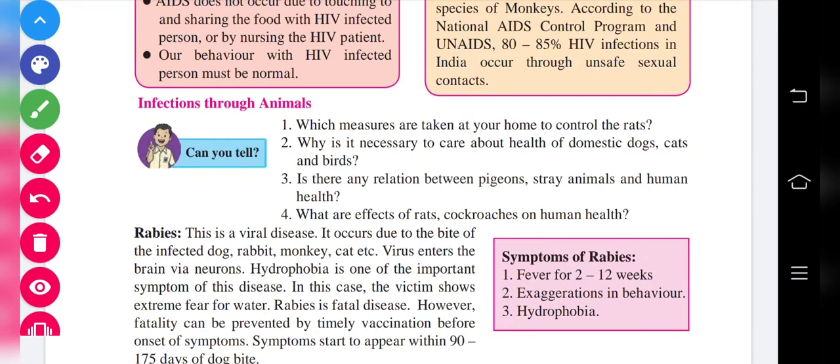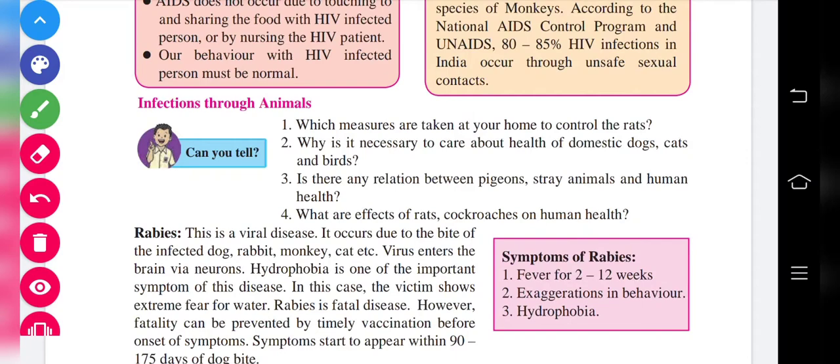Some animals can also act as carriers or vectors of different diseases due to their sickness. There is a possibility of passing such infection to us. Most diseases come from animals to humans, so for that purpose you should care for pet dogs, cats and birds.